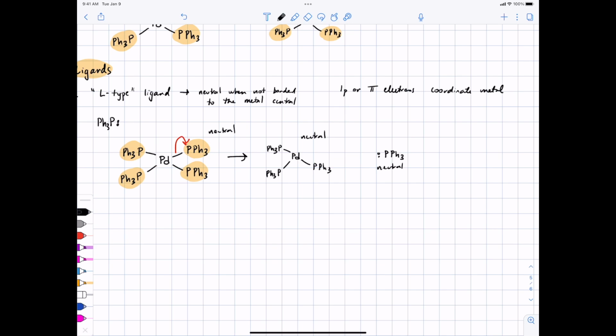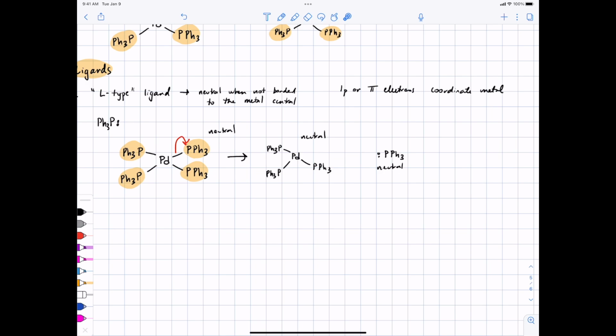All right. Coordinate the metal. What does that mean? These electrons donate into an empty orbital on the metal. We're typically not going to worry at this stage about which orbital that is. Okay? So it's easier than you think.